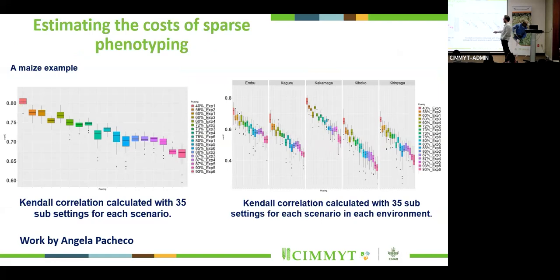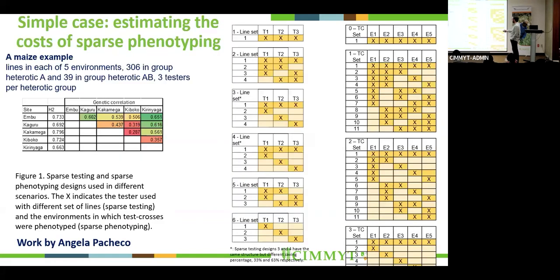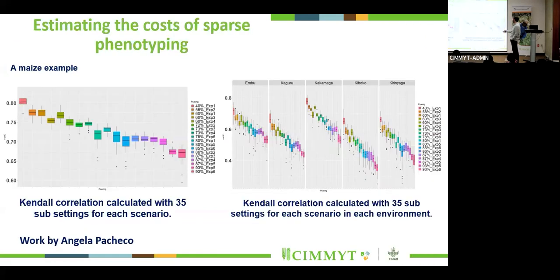What we have here is the accuracy, essentially the rank correlations for different scenarios. So this is how well you're doing. This is how well you're doing if you're doing sparse, getting the overall estimate across all trials. And this is if you're using all the trial information to give predictions within a site. If you went back here, there's a low correlation between Kiboko and other sites, so probably if you try to predict in Kiboko using all the data, you'll do worse than at other sites.